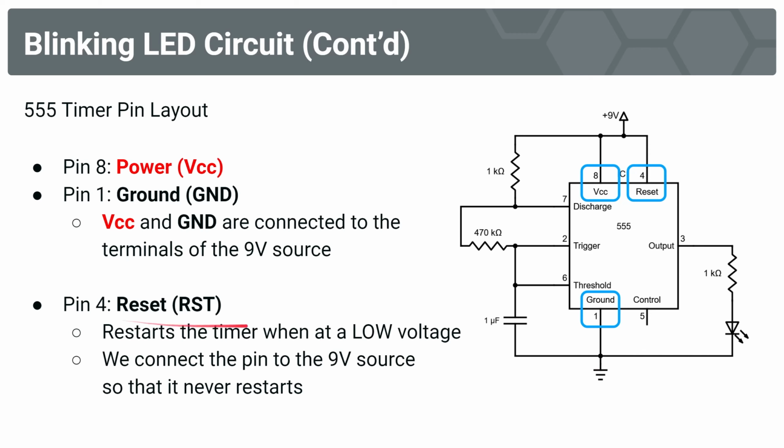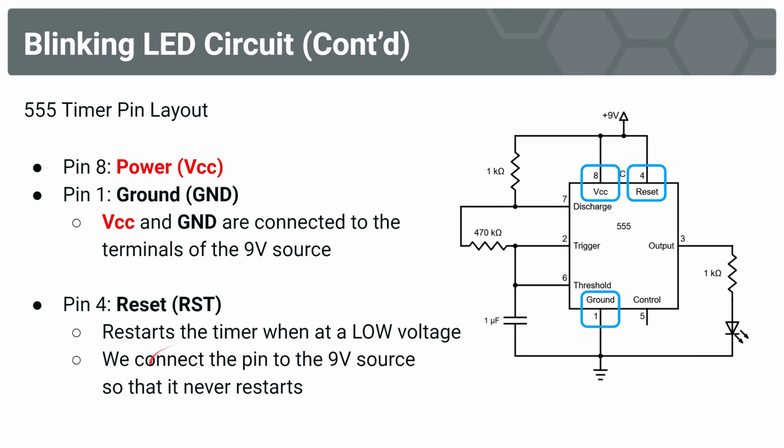Our last pin on this slide is pin 4, the reset pin. Here's what the reset pin does. It restarts the timer when it's at a low voltage. So basically, if it were connected to ground at any time, or whatever the ground voltage is, the timer would reset. Whatever the output is, it would be disrupted and the timer would start over.